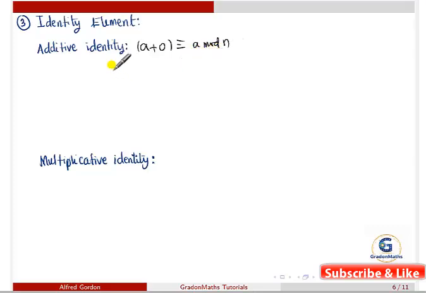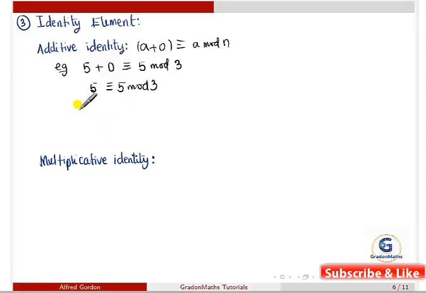So what do we have here? For example, if I have the number 5, there is a constant 0, which is the additive identity, that when we add, this will be equivalent to 5 mod n under a given modulo, so mod 3. Let's try this. 5 plus 0 will give us 5, and we know this is equivalent to 5 mod 3. We have discussed equivalent modulo in our previous lesson; you can go back to those lessons and watch on equivalent modulo.